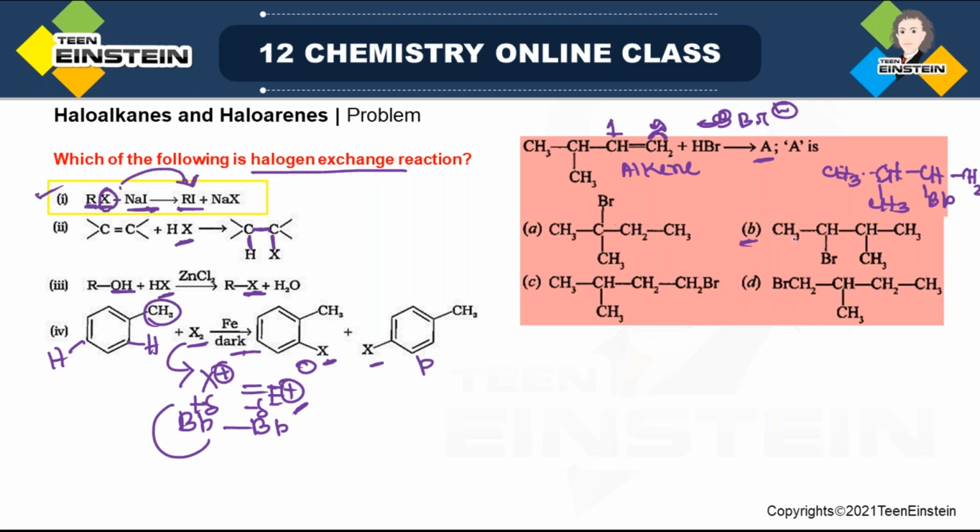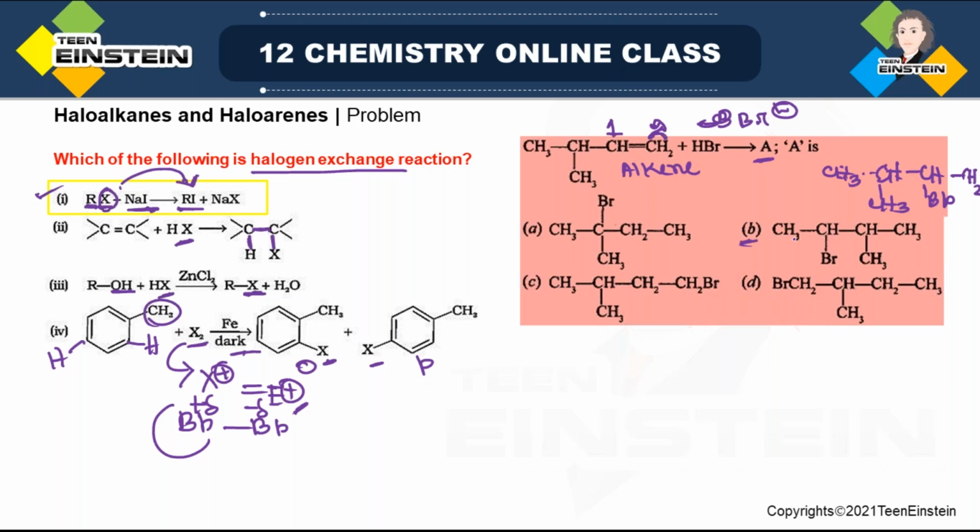But if there is possibility for rearrangement, because here the driving force for rearrangement is that the carbocation is converted from 1 degree to 2 degree or 2 degree to 3 degree, it will always try to move towards more stability. Okay, so in this case also we have to check whether rearrangement is possible or not. So for that, what you will do, first there will be protonation of any of these carbons.